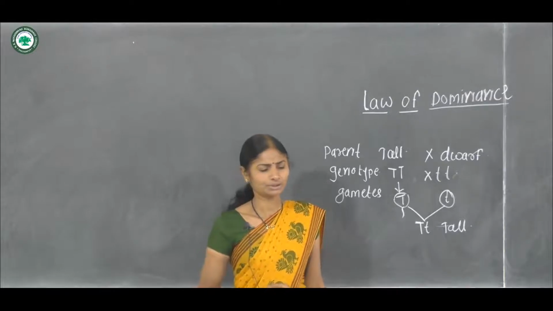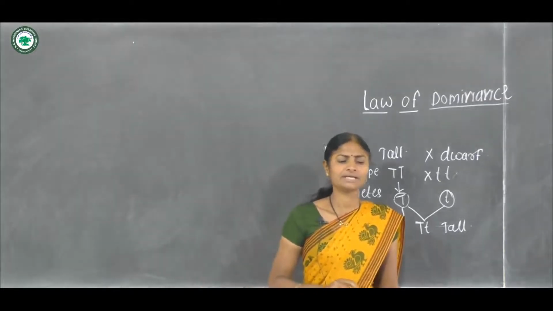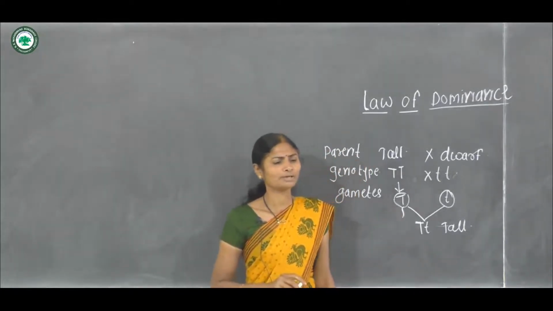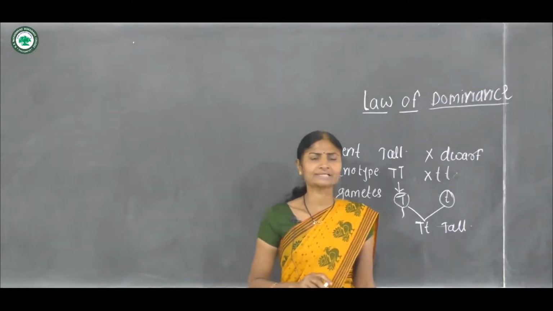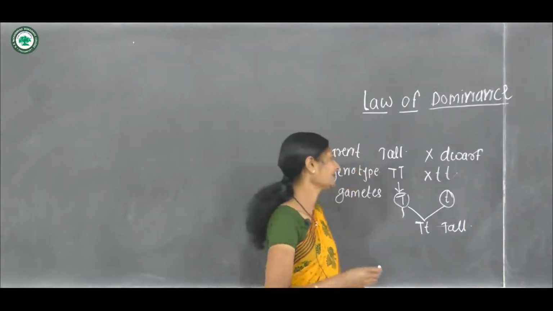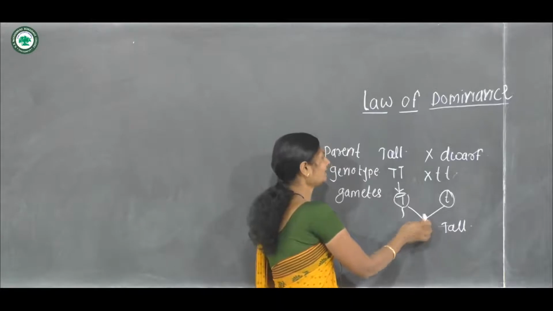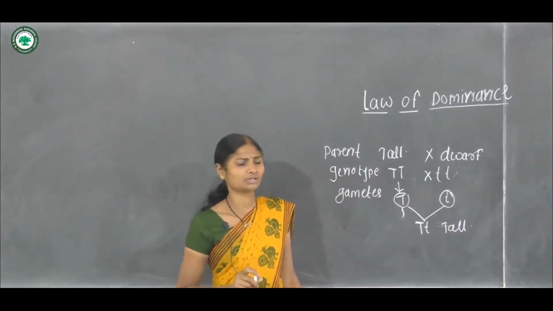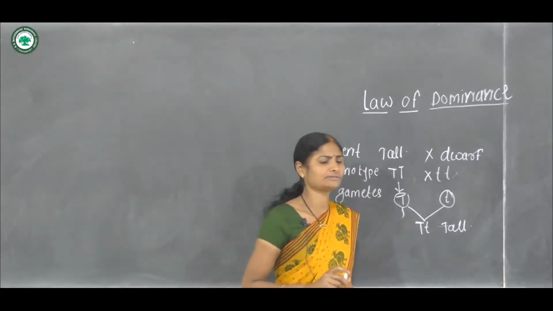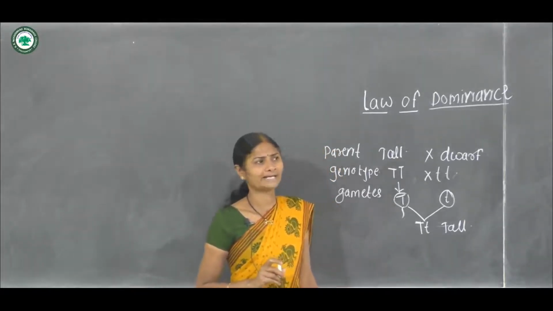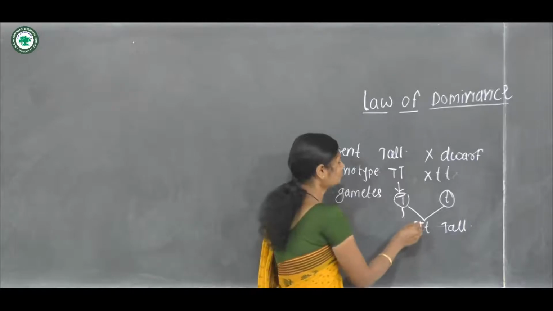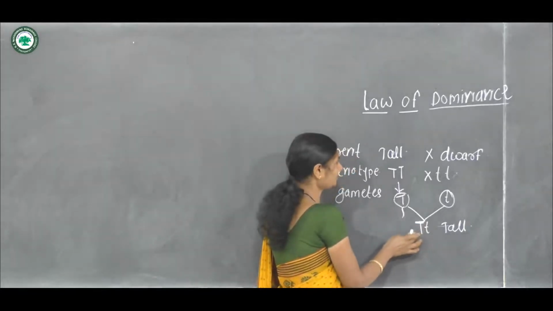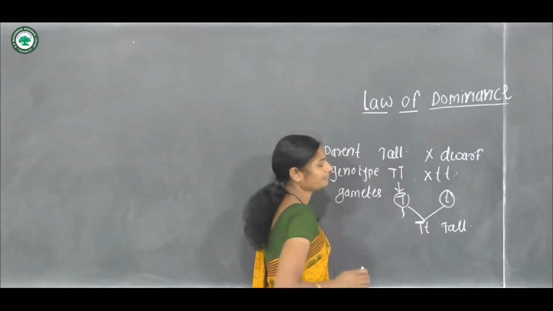In the heterozygous condition, in the F1 generation, all the plants are tall like the tall parents, but their genetic composition, the genotype, is different from that of the tall parent plant.